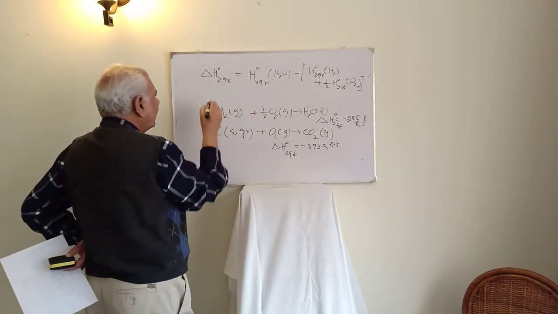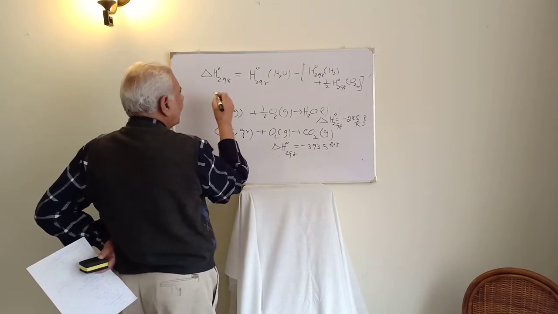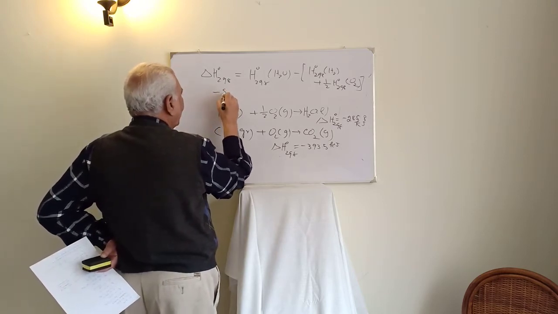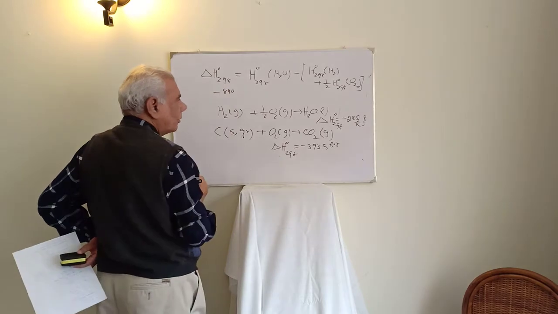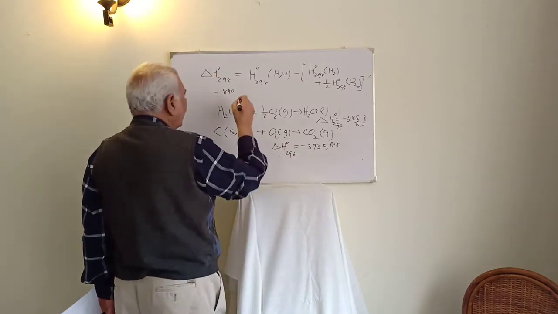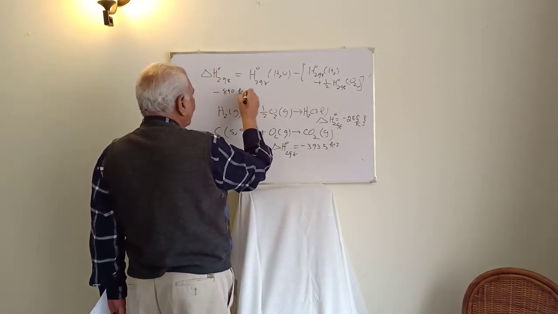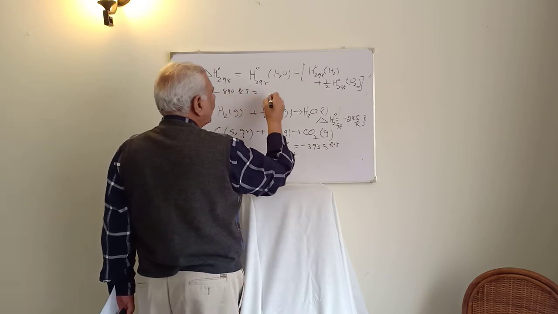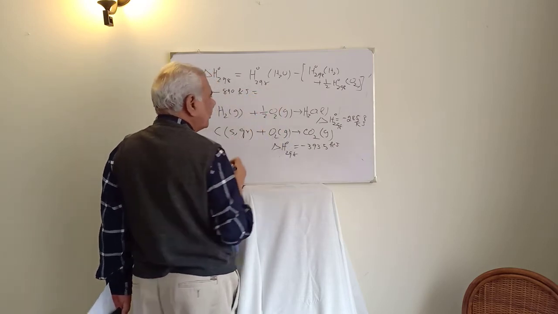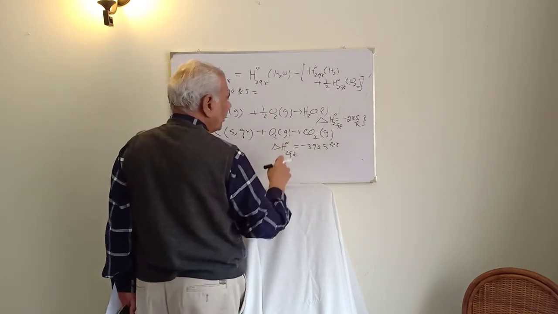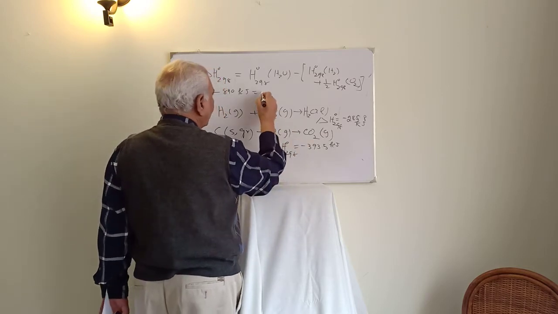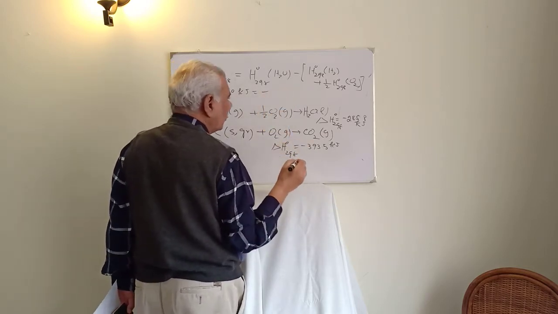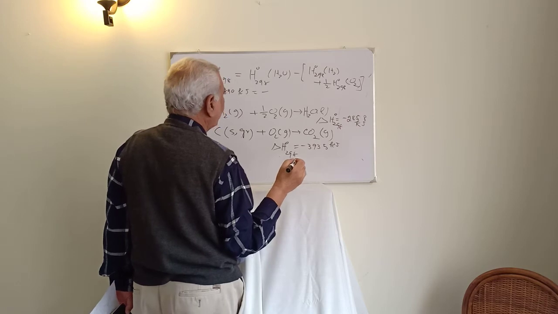Okay, so this is minus 890 kilojoule, which is the formation of water.